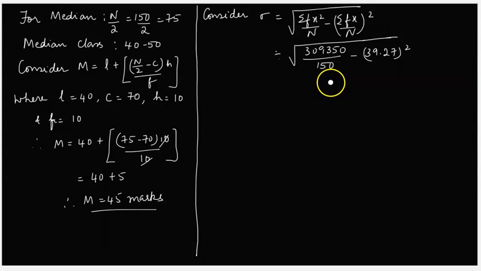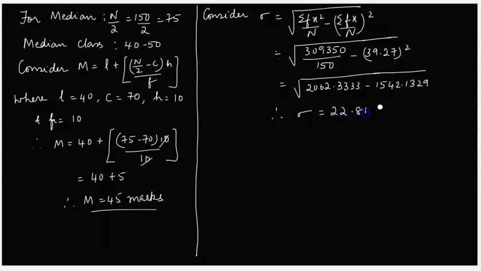So which is equal to root of 2062.3333 minus 1542.1329, and on simplification you will get sigma equal to 22.81 marks.